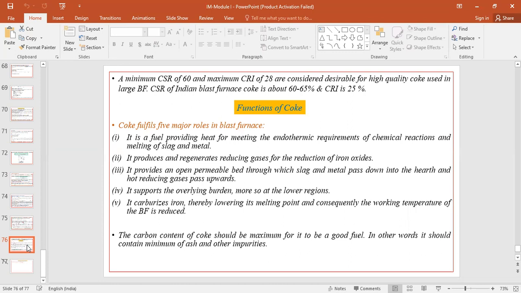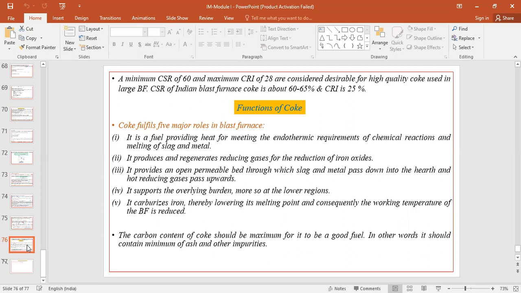So these coke slits will allow these counter current reactions to take place effectively inside the blast furnace. It allows the passage for both reducing gases as well as liquid products in opposite directions. It also supports the entire burden overlying on it inside the blast furnace.